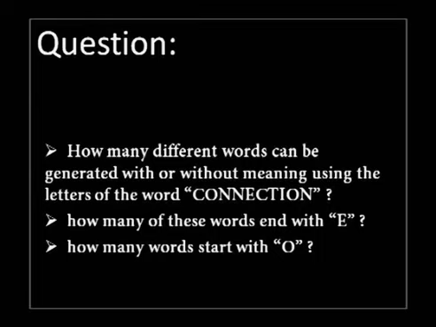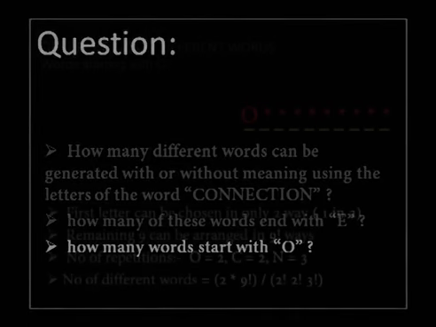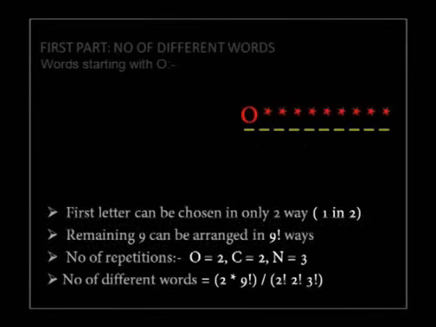And the last question is about how many of such words are starting with O. Now for the words which are starting with O, there are 2 O's here. So any one of the 2 can be selected. So the first letter can be chosen in 2 different ways.